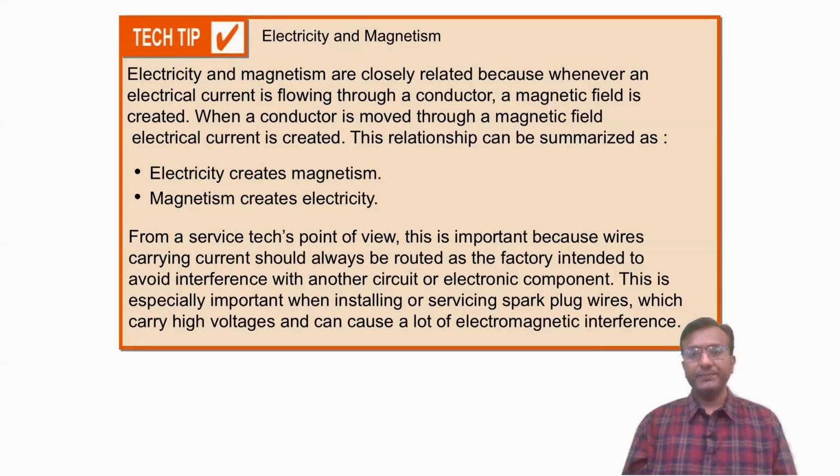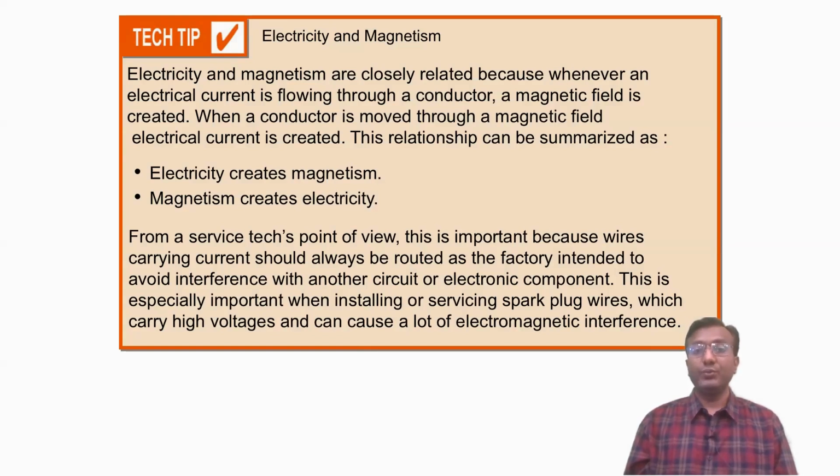We will see the relation between electricity and magnetism. Electricity and magnetism are closely related. Whenever an electrical current flows through a conductor, a magnetic field is created.